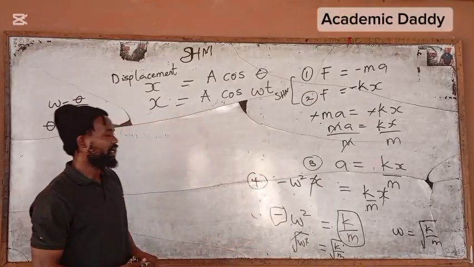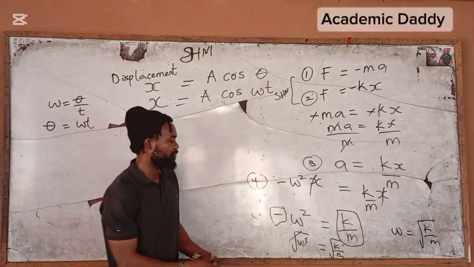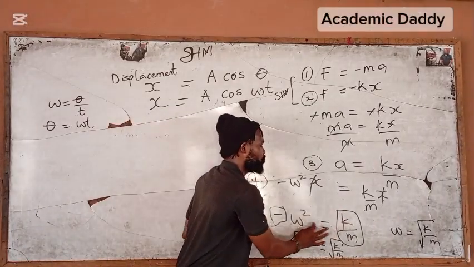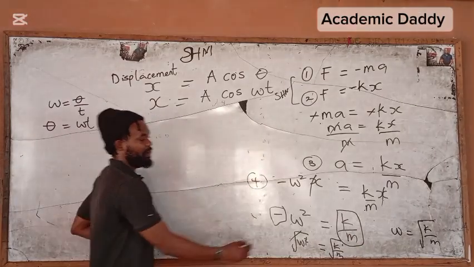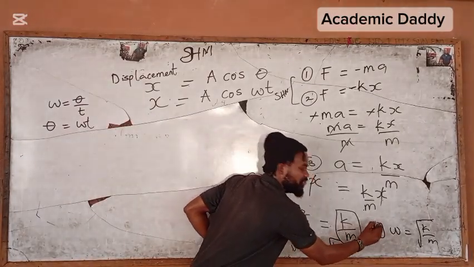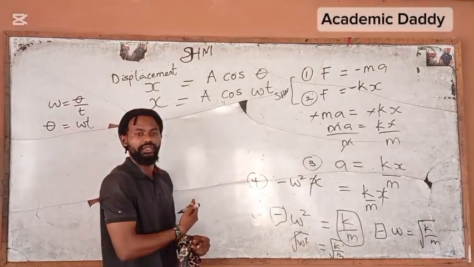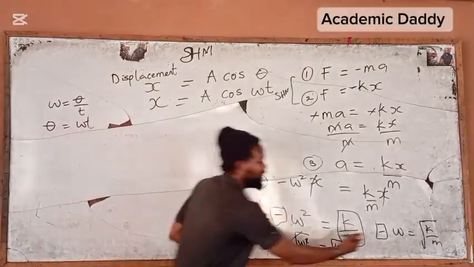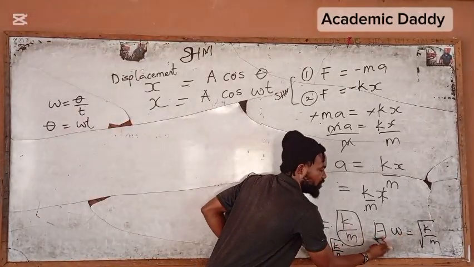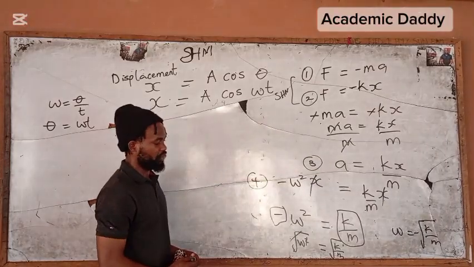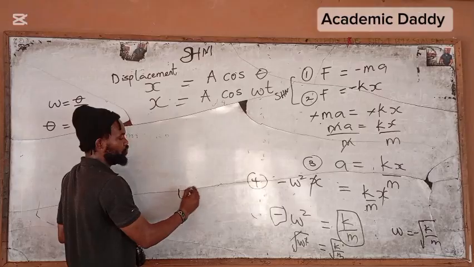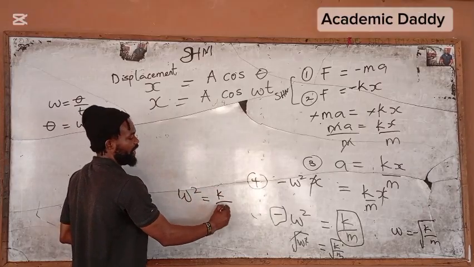And notice that at this junction where I have w squared equals k over m, I still have this minus showing me that it's negative, it's moving in the opposite direction. Don't forget it. I can even transfer it to this point to show that it moves in the opposite direction. No confusion there.